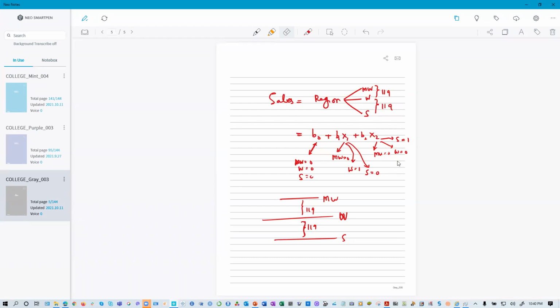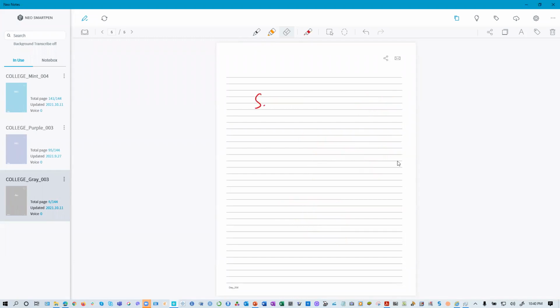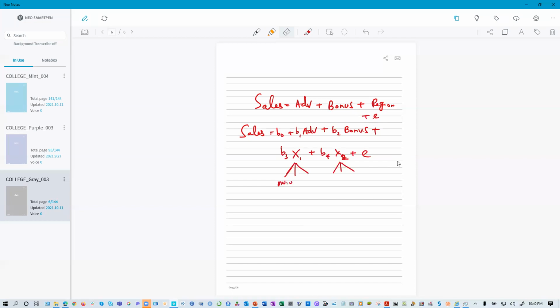See, you have to go in this route. If I write this, I'm going to write sales equals advertising plus bonus plus region. You're going to write it this way: sales = B0 + B1 times advertising + B2 times bonus + B3 times X1 + B4 times X2 plus C. X1 and X2 represent indicator variables.